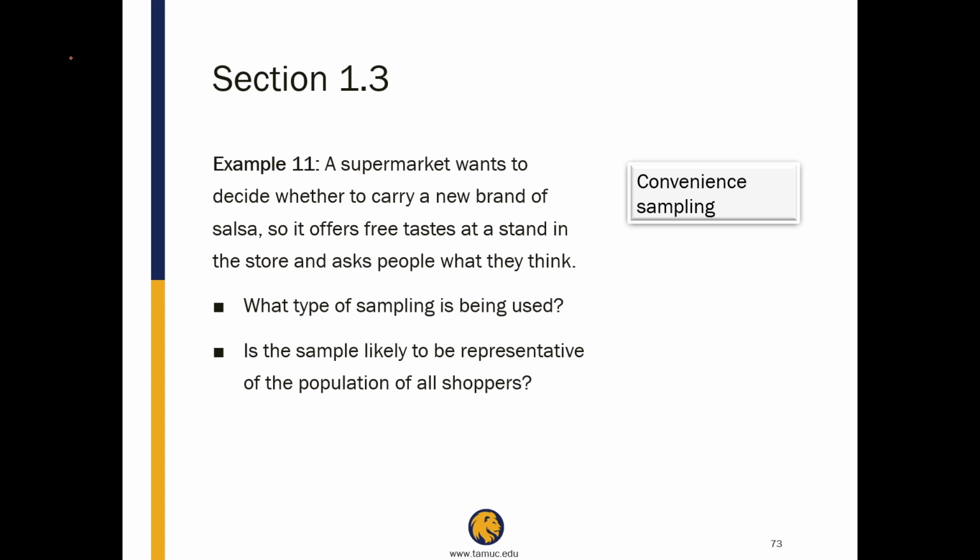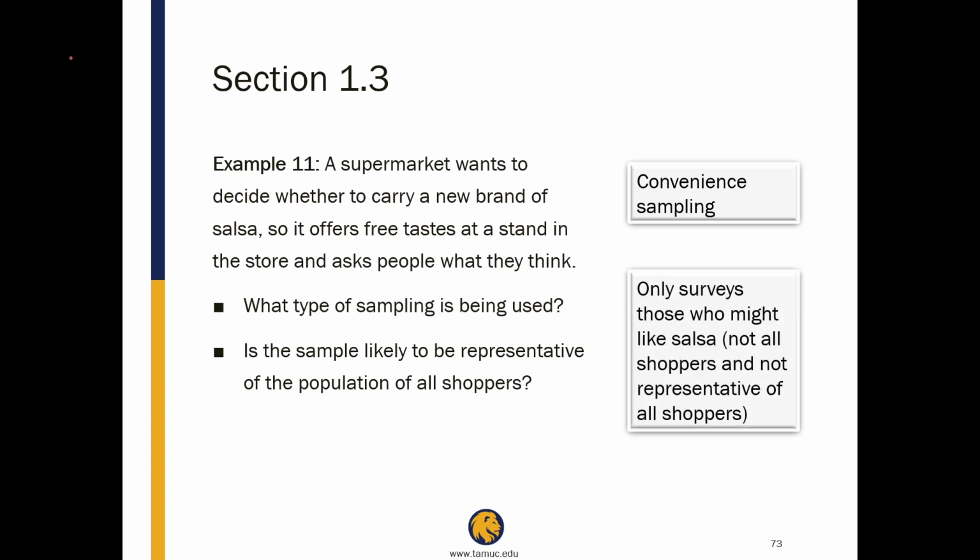Think about what group would tend to go take part in this survey. Would they be representative of all shoppers? Not so much, because people who like salsa or are interested in different types would be more willing and generally would be the ones to go get a sample.